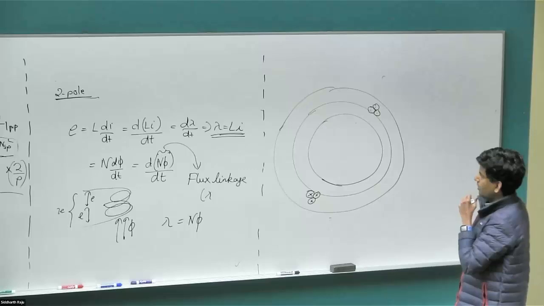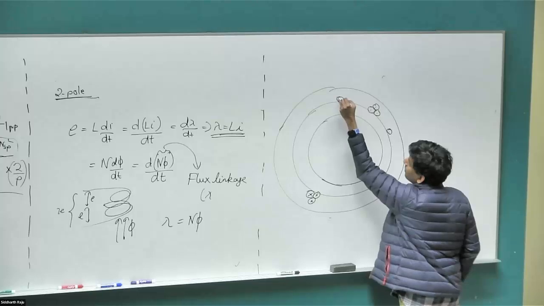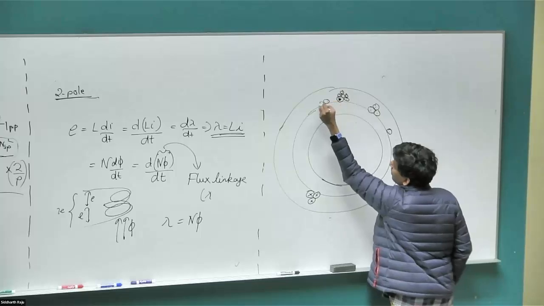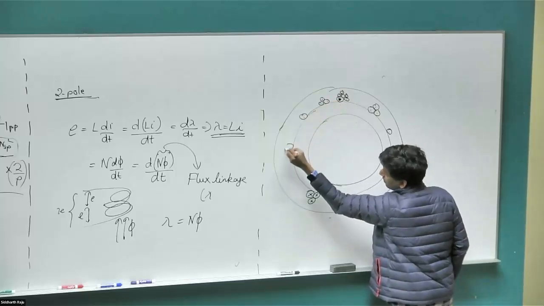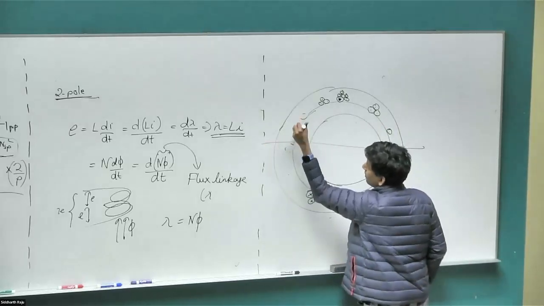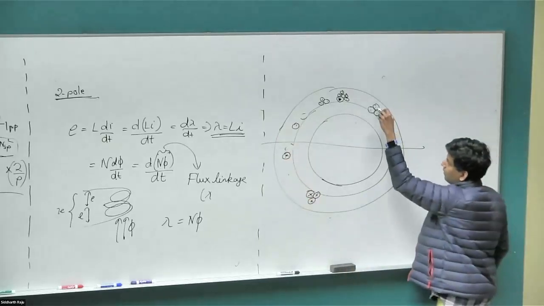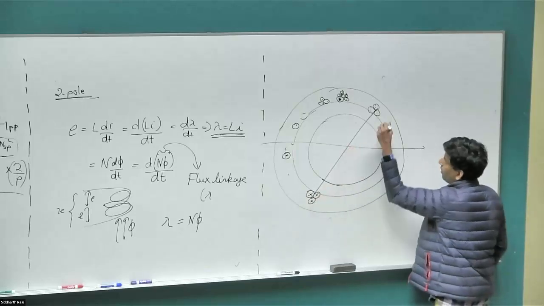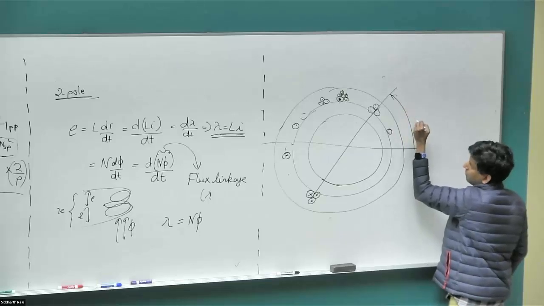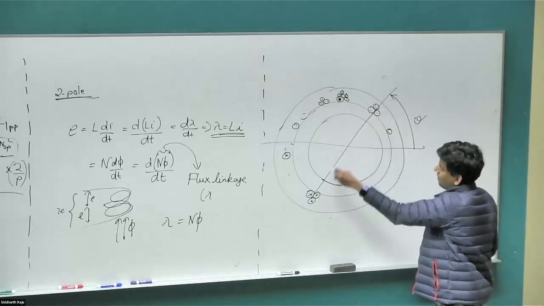So if I want to find the inductance, same thing, whatever is on the top is just a repeat of the bottom. What we are trying to do is figure out the flux through this particular coil that I've drawn here, let's say at some angle theta. And we want to figure out the flux through this loop.